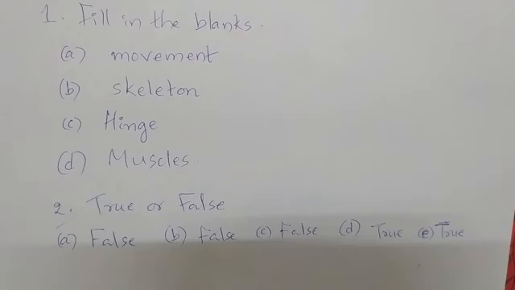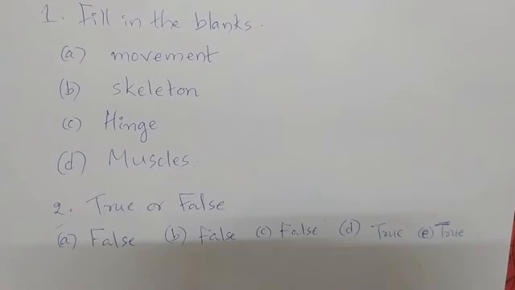D. The forearm has two bones. In between your elbow and wrist, whatever the part of the hand is there, that is called forearm.